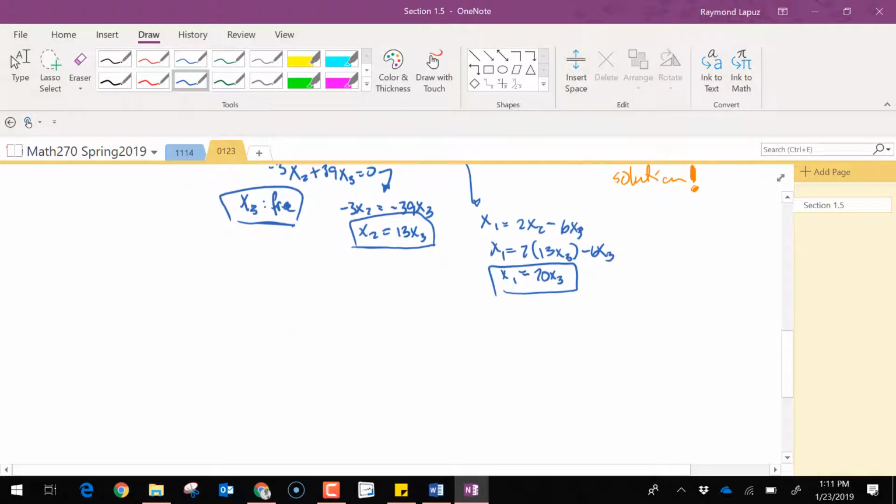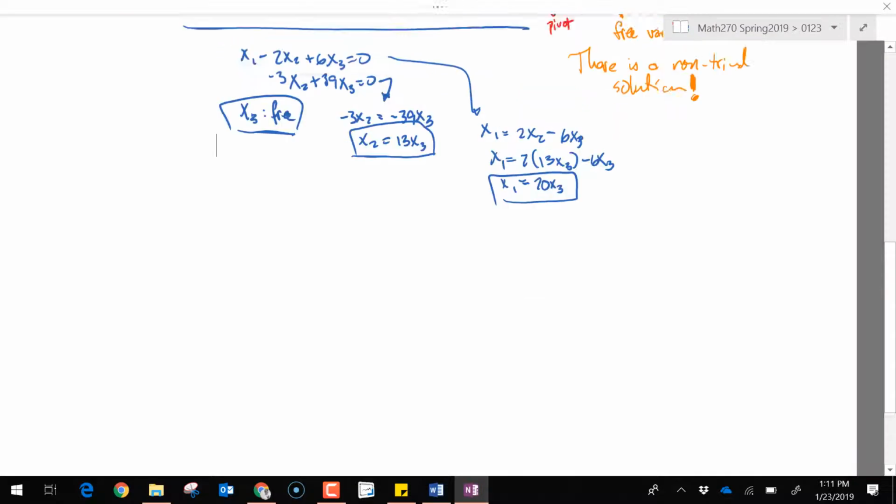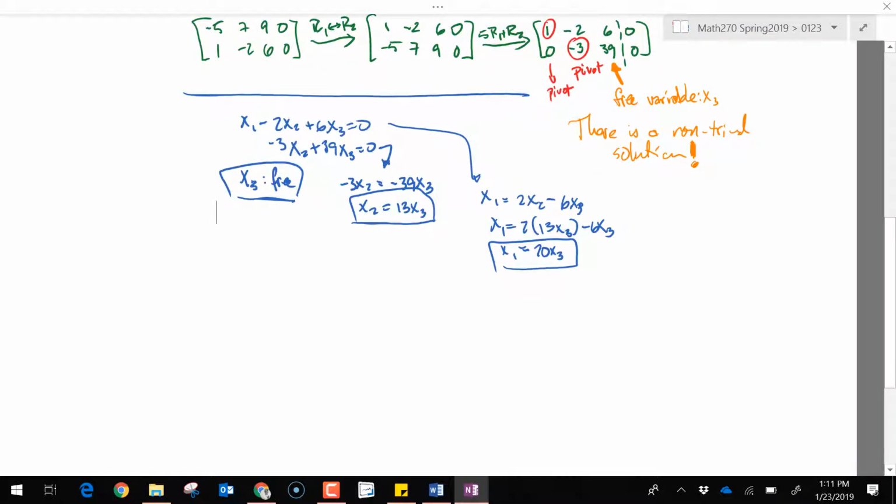So this is the set of solutions that we have, and we can see if we can write this a little bit neater, because our solution, remember, has to be an x vector. It's not looking like a vector yet. But if we have a free variable in x3, I can write it in terms of x3.